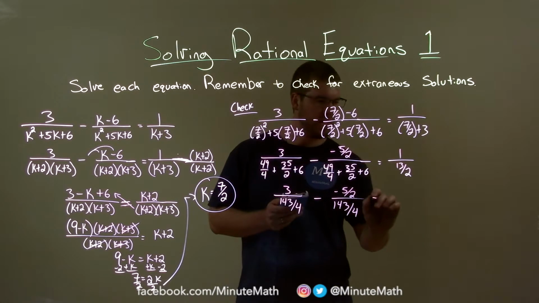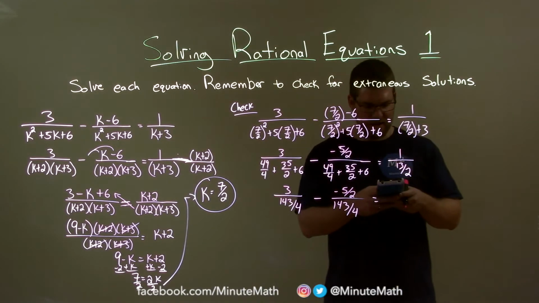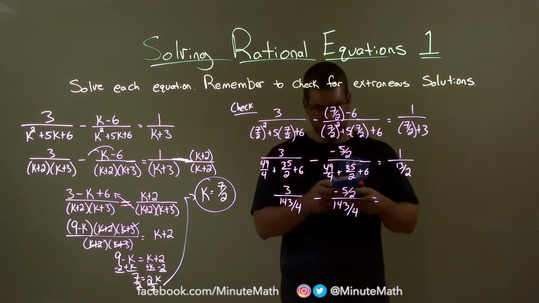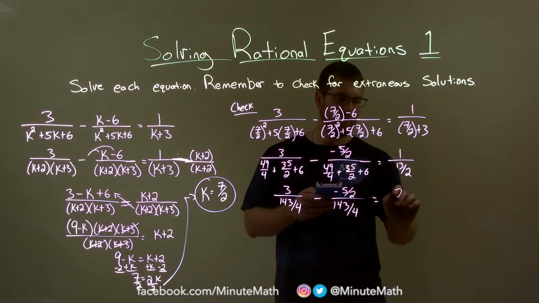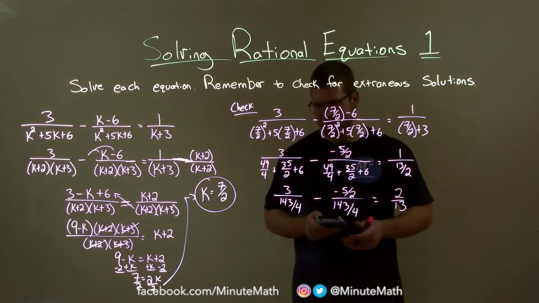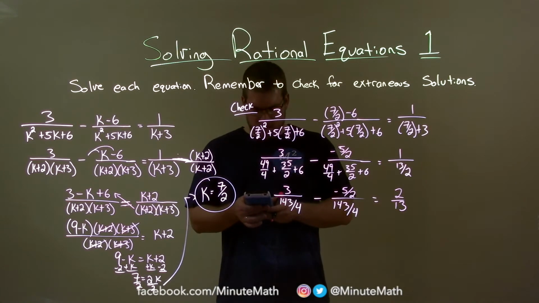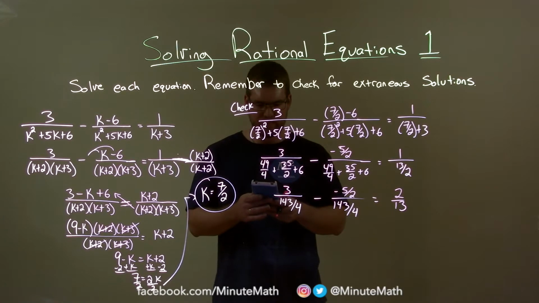negative 5/2 over 143/4 equals, and let's go write this out. I know what it is, but let's just double check it. 13 divided by 2, and so 1 divided by 13 divided by 2 should be 2/13, and it is 2/13. It's funny when you have a calculator, you always got to double check, right? So simplify this fraction. 3 divided by 143 divided by 4, and we need an extra parenthesis there.